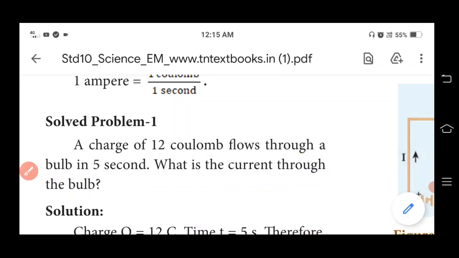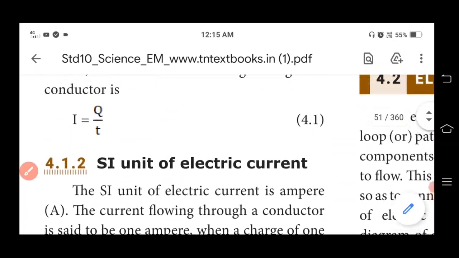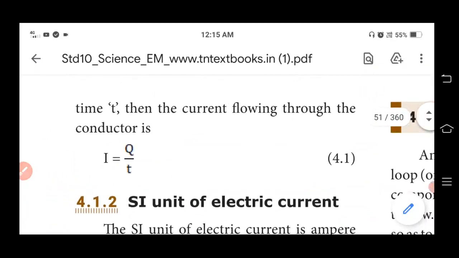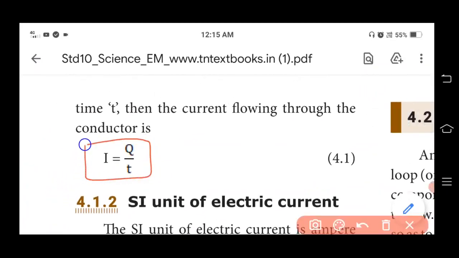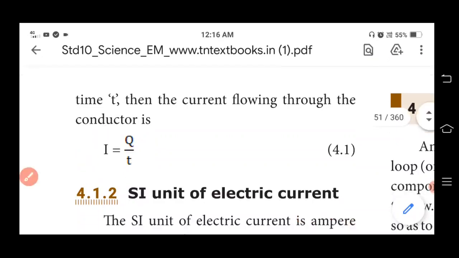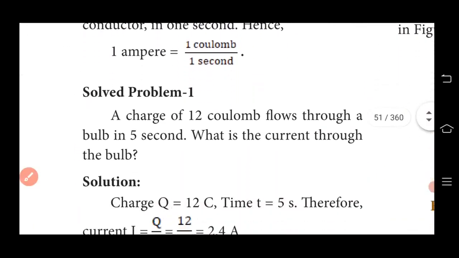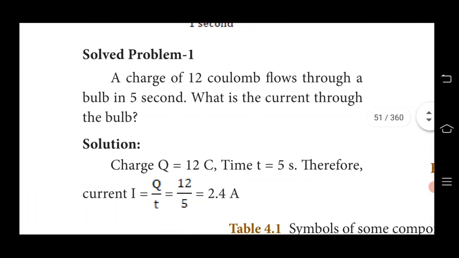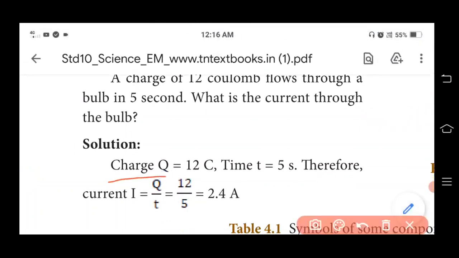You know that the formula to find the current is I equal to Q by T. The net charge is 12 C, where C means coulomb, and the time is 5 seconds.